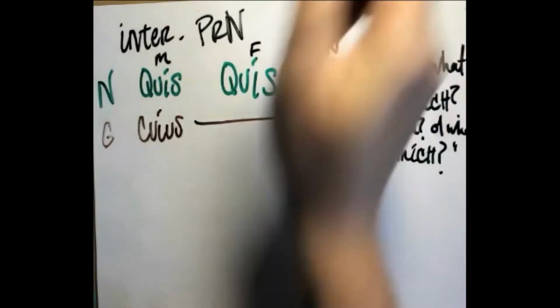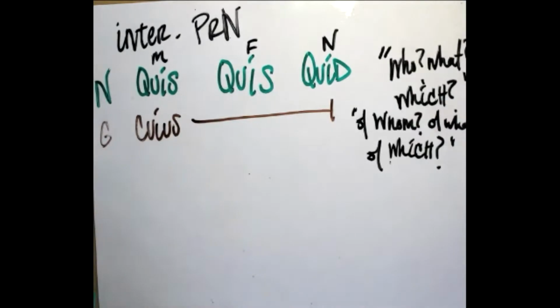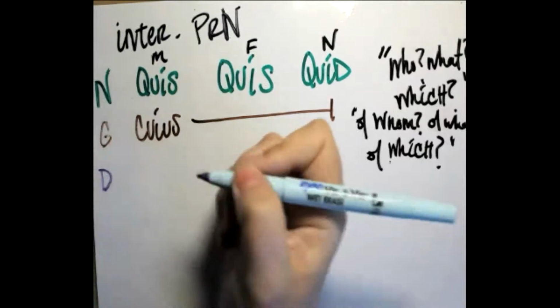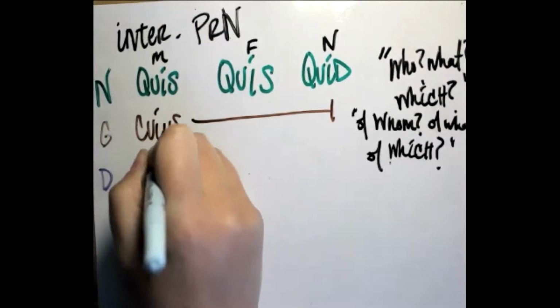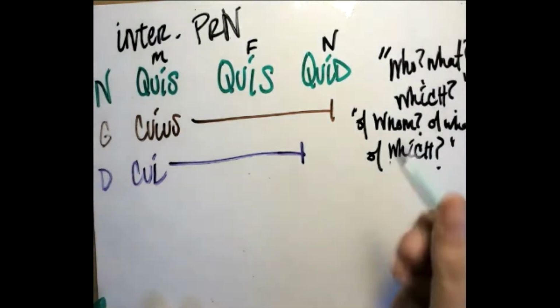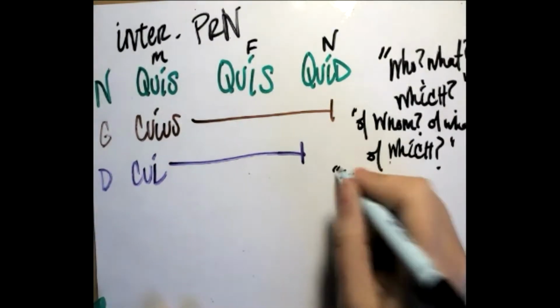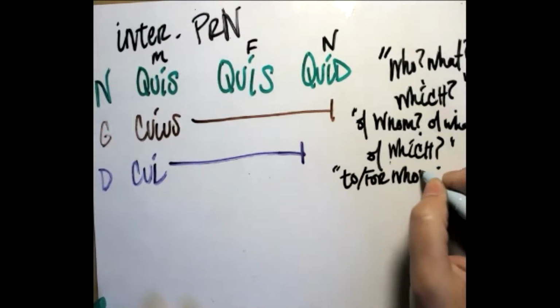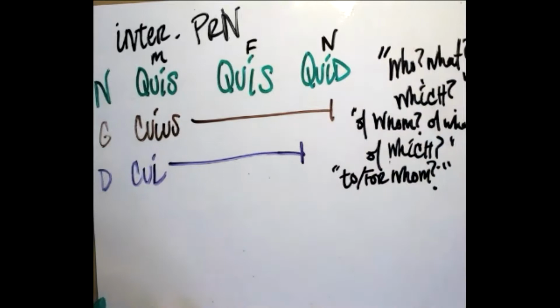And the dative, where's my purple pen for dative? In the dative, your form is the same again, cui, for all three. So again, to or for whom, what, which, as a question.